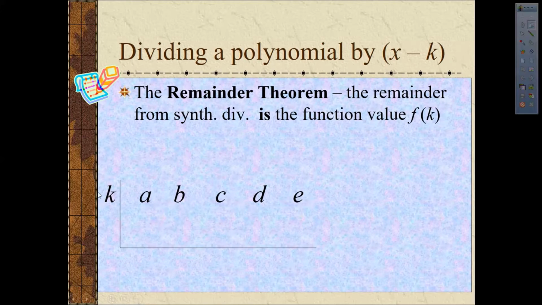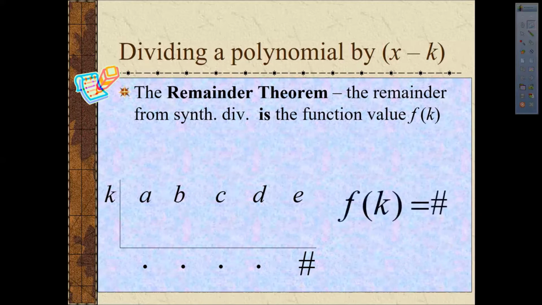If I do synthetic division with the number k, I get a series of outcomes leading up to a remainder. Whatever that number is, that is exactly the outcome I would get if I put k as a value into the function represented by that polynomial. So f of k is equal to that number.